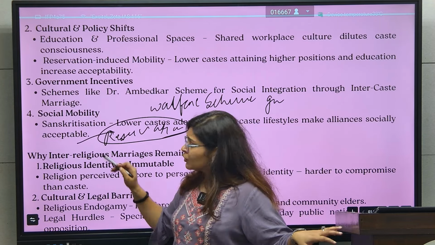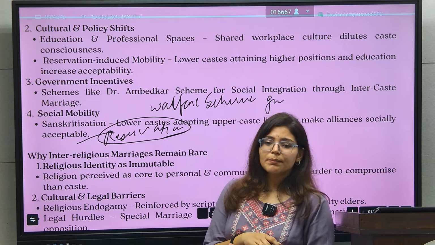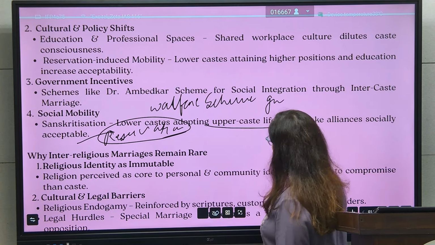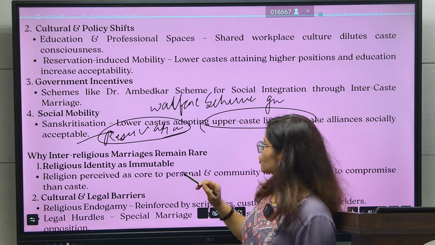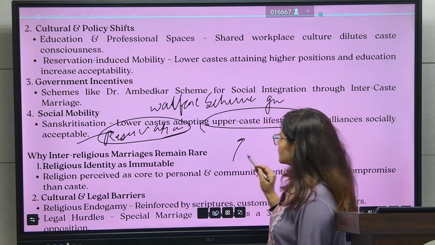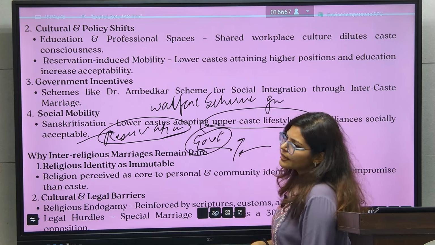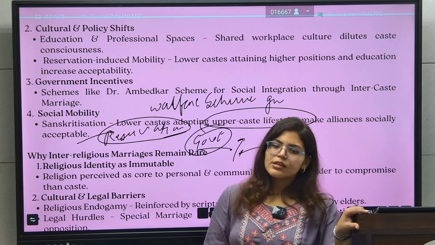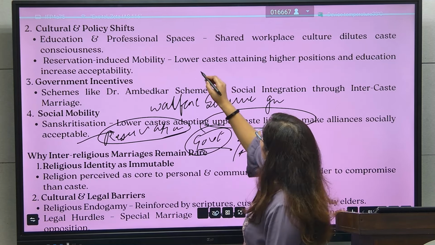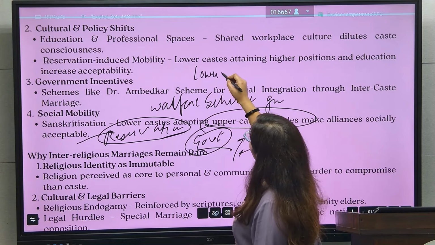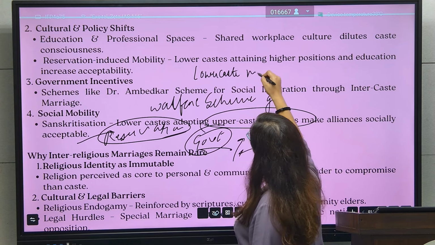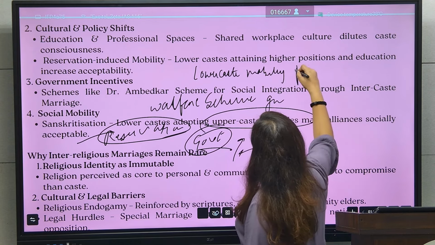Due to that, lower caste people are now adopting upper caste lifestyle, because they are now empowered due to these welfare schemes given by the government. So they are adopting lifestyles of the upper class or middle class. So the lower caste mobility increases.